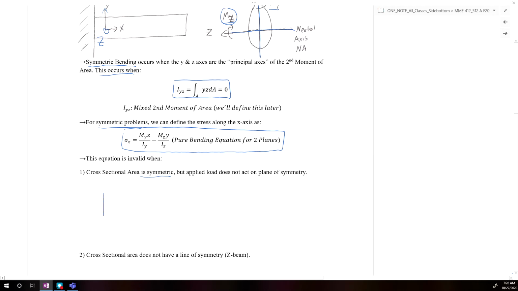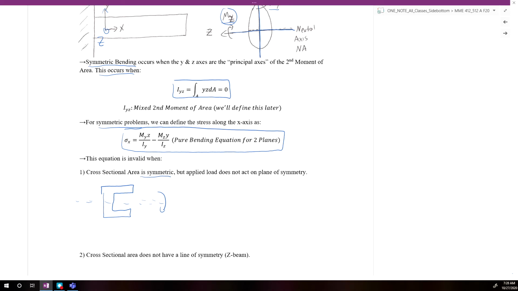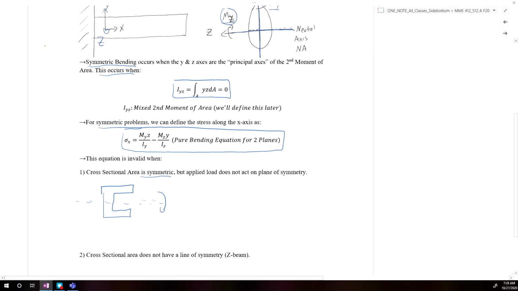For example, if you had a channel section, and we had a load about this axis here, that would cause this beam to twist like this. That would cause a different loading situation from our traditional loading situation, and would not give us the valid stress state.